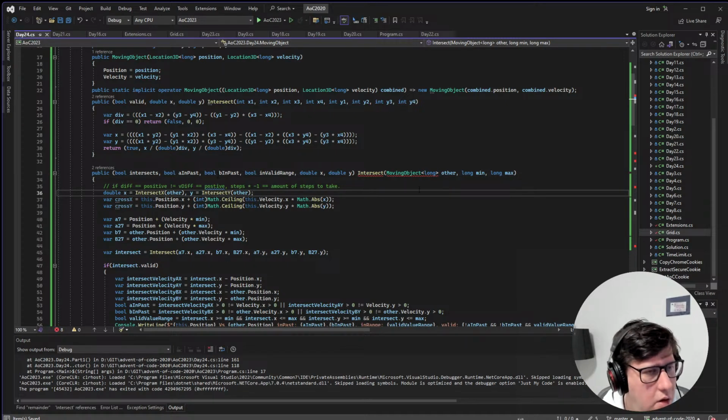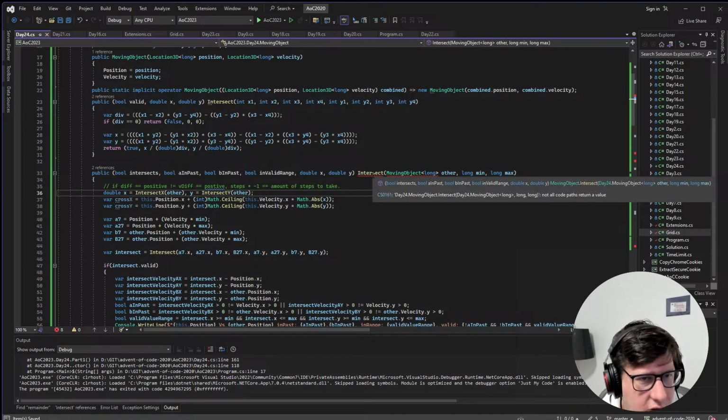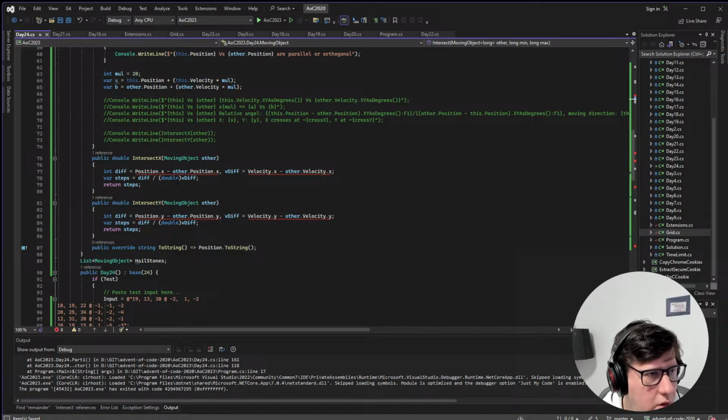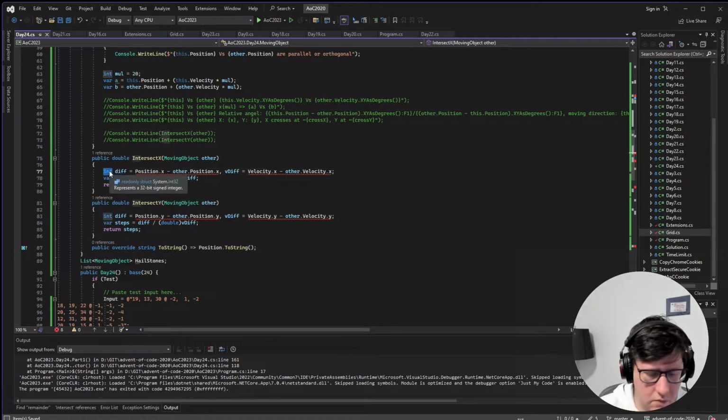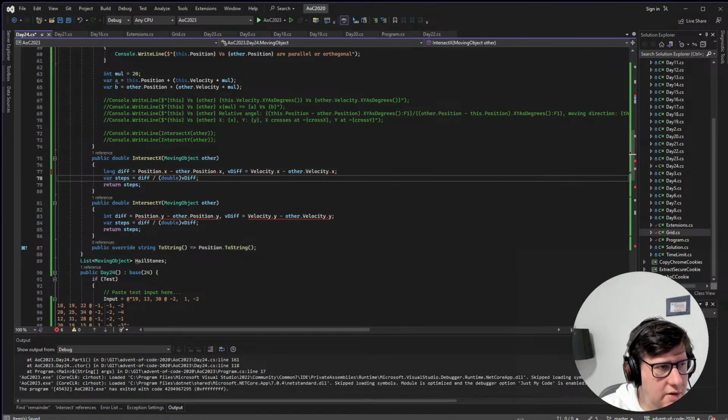Yeah, this is fine. What's the issue? Not all code paths return. Okay, sure. Nice.